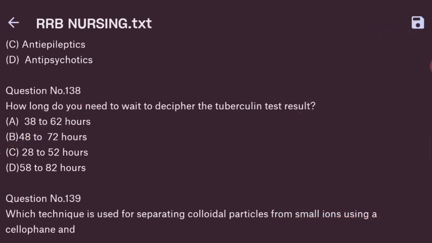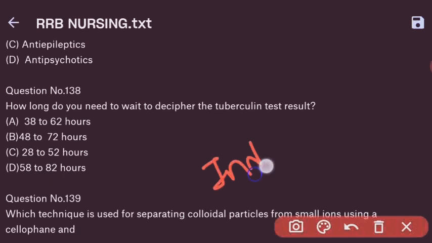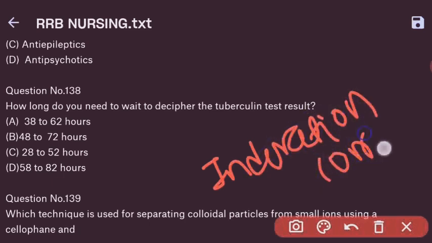Then we have to assess the induration. If it is more than 10 mm, then we suggest that the patient is suffering from or has been exposed to Mycobacterium tuberculosis infection. And we have to wait for 48 to 72 hours.